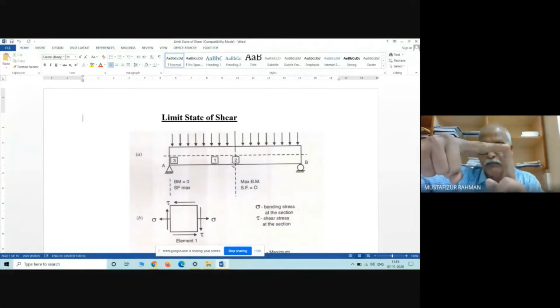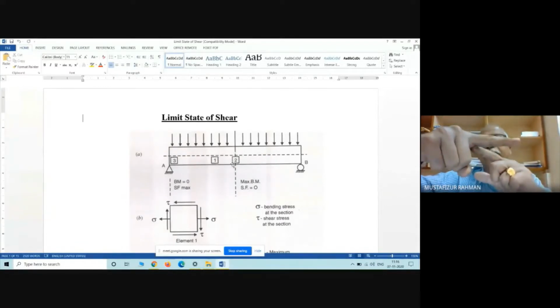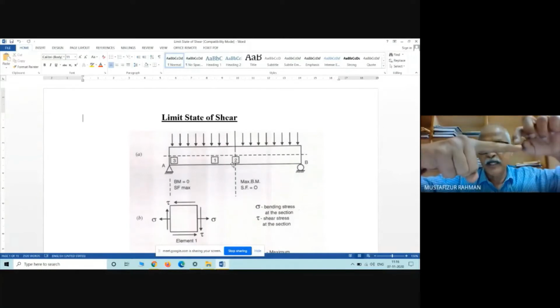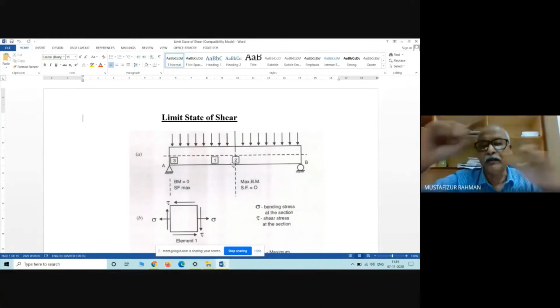For this beam, support is here. Our bending moment diagram starts from 0. It goes this way and this way and this. So here it is maximum. And shear force, here it is upward, here it is downward, and this peak point and this peak point are to be connected.